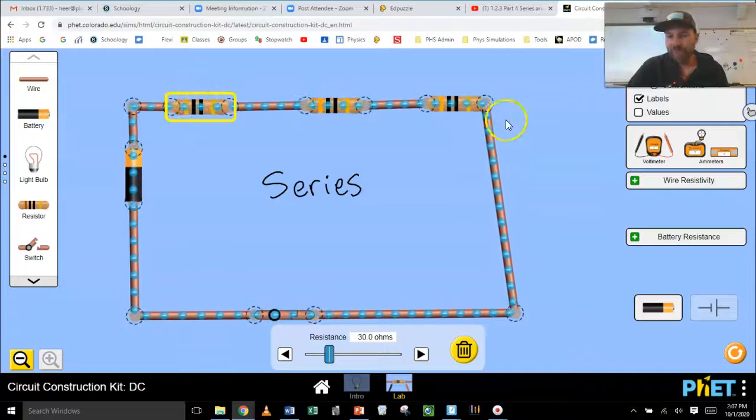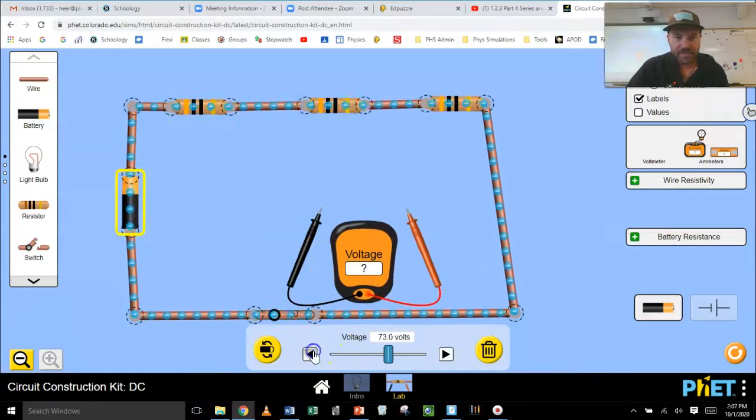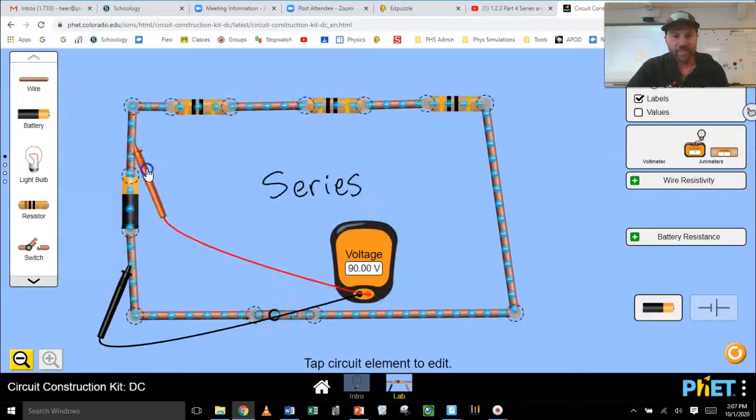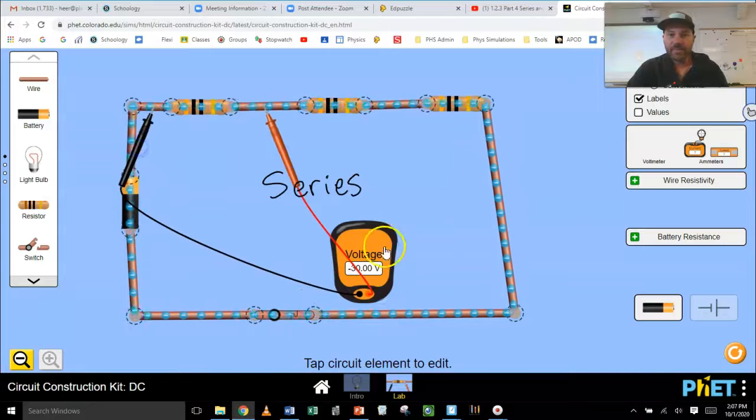Now let's talk about pressure. Voltage is like pressure. Let's make the battery a nice round number, 90. When I put the meter on the battery, I should get 90 volts. But when I put it across this resistor right here, I get 30 volts.